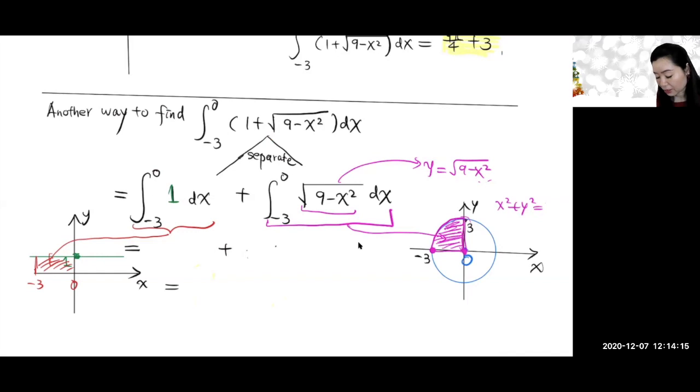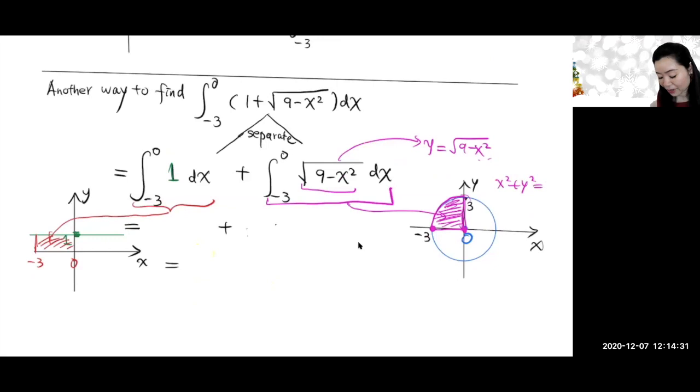So it's the integral of 1 plus the integral of this. Maybe we haven't learned about this, okay? For this one over here, the area under this constant function 1 from -3 to 0 is the area of this rectangle. So that will be 3 times 1.